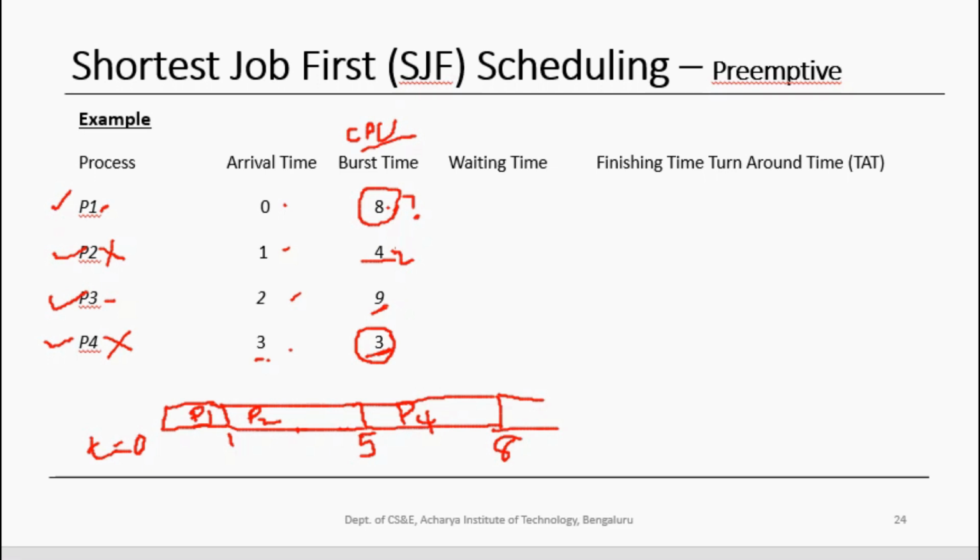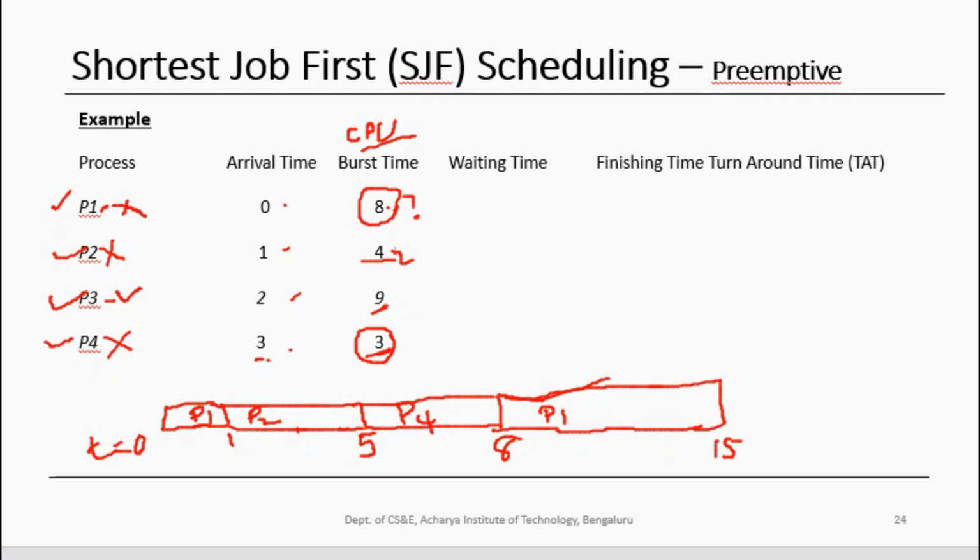So this is picked up and P1 is allowed to run. P1 is allowed to run till t is equal to 15, and P1 is done.